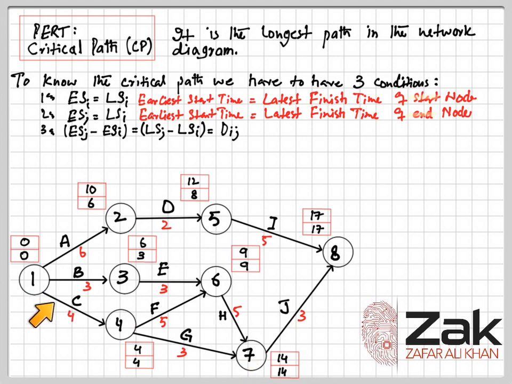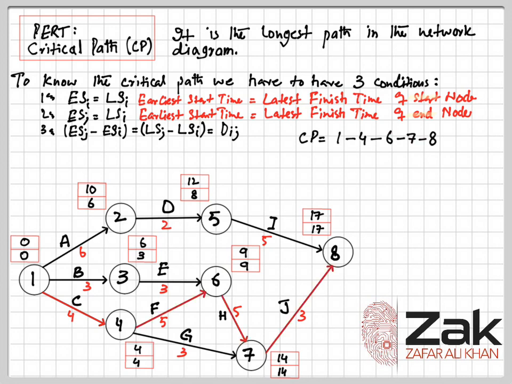We will not be taking 147 since the conditions are meeting here, but still we will be taking 1467 because it is longer route than 147. And then afterwards we have this where the earliest start time is equal to latest finish time. So now I am basically making these arrows red, and red arrow shows critical path, means the path with the longest duration.